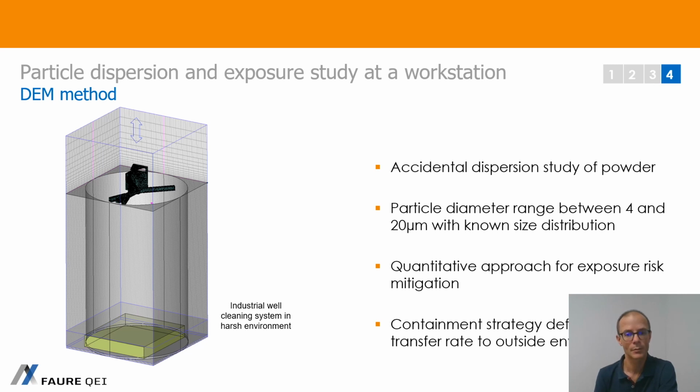The particle diameter ranges between 4 and 20 micrometers. So there we have also a quantitative approach to mitigate the exposure risk of people that would work around this place. And we had to define a strategy to have the right containment solution.